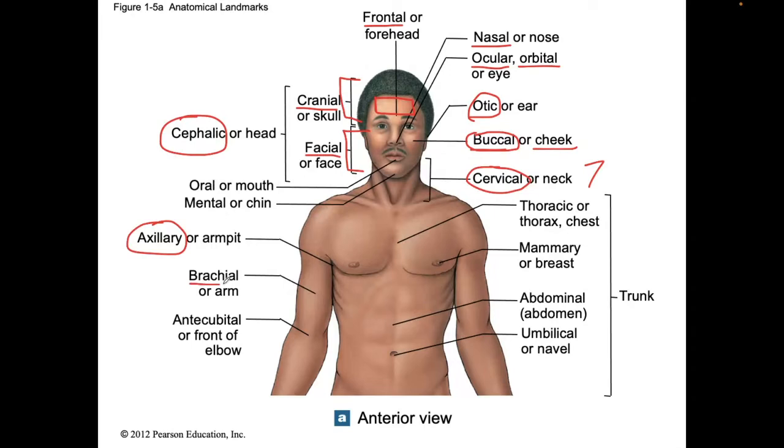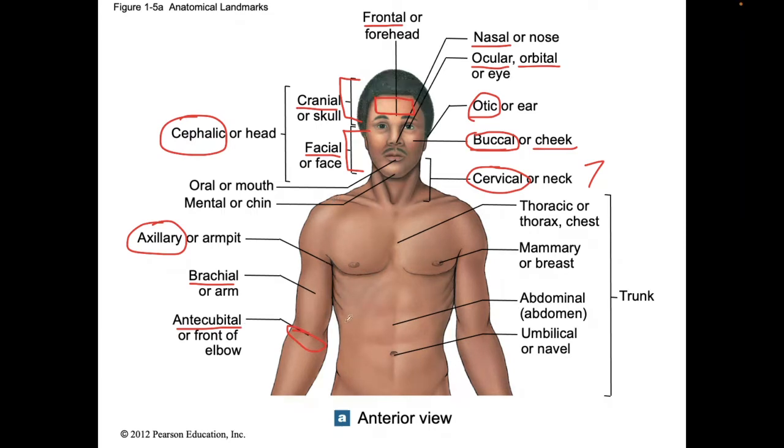The arm is brachial. So when we do a muscle called the brachialis, you'll know where it is. When we learn about the brachial artery, you'll know where it is. In front of the elbow, right here, it's called antecubital. So when you learn of a medial antecubital artery, you'll have an idea where that is as well.